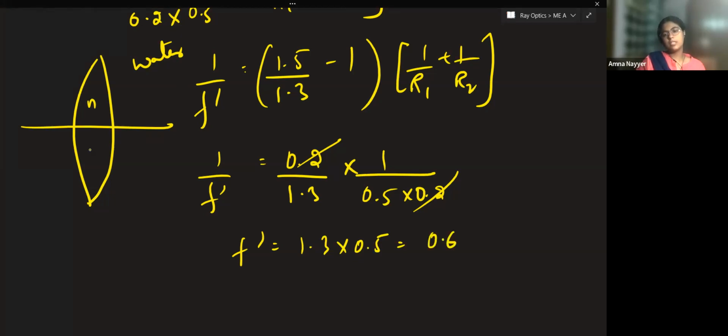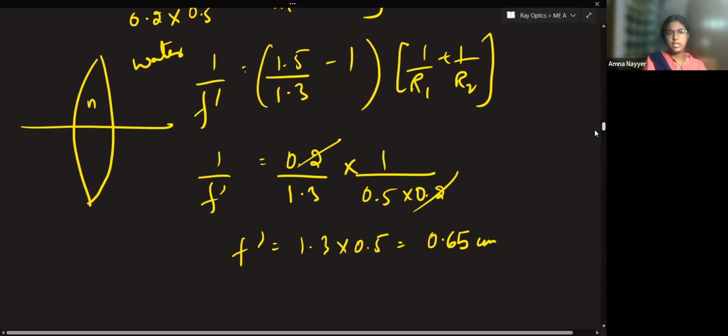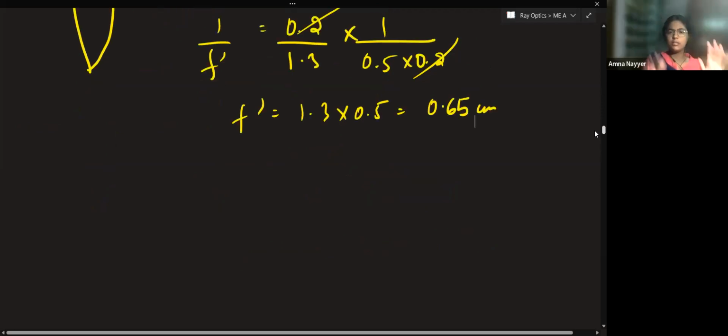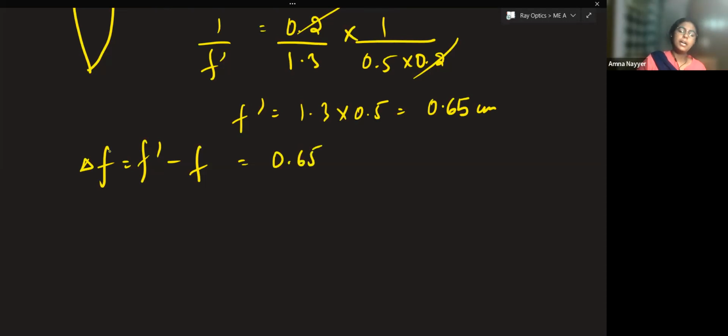This becomes 0.65 centimeters. So initial, just check. Please keep on cross-checking, I just do all the calculations orally in the class. So change in focal length will be what? Final focal length minus initial focal length. This is 0.65 minus, what was the original focal length? 0.2.